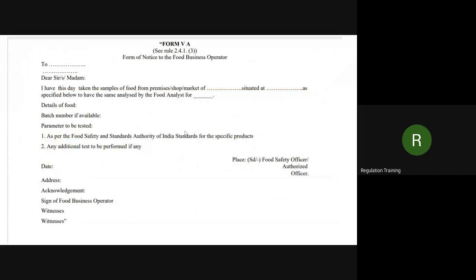They will mention against which parameters the food analyst will do the testing, for example which chemicals. Details of the food, batch number, parameter to be tested, everything they will put in Form 5A, and you can see there is also a witness column. One copy they will give to the food business operator.